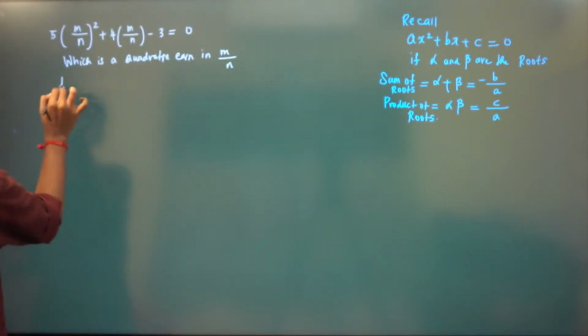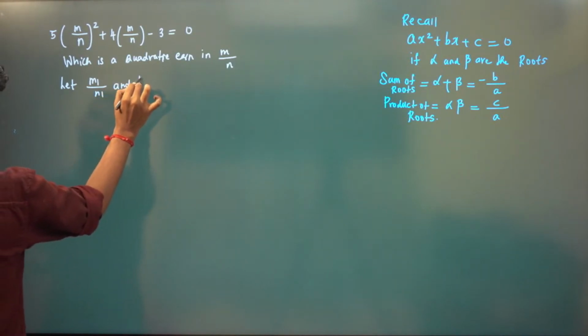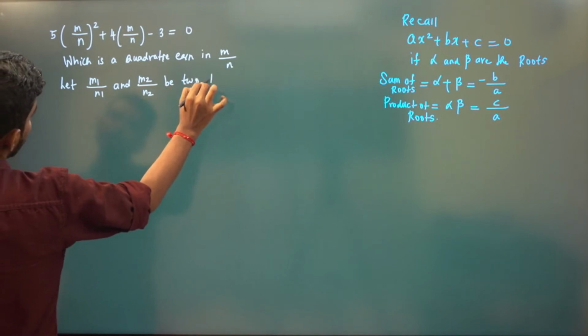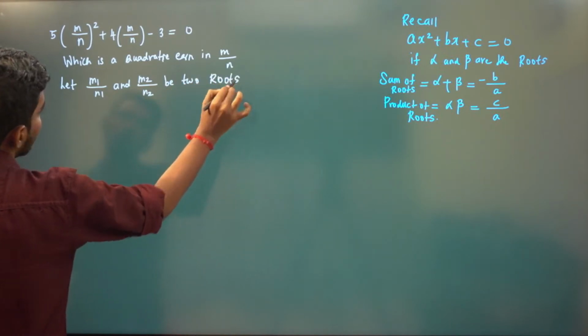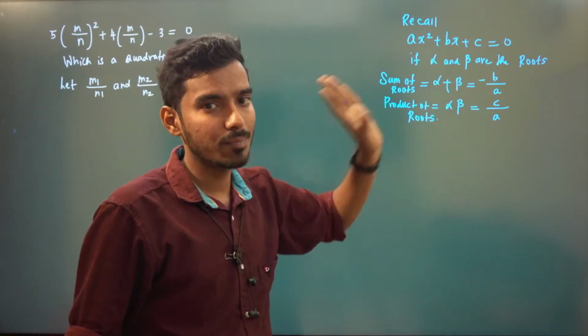So let m1 by n1 and m2 by n2 be the two roots. Very important, right? This is how you have to assume the roots. If it is in x square, x, constant, we use alpha and beta.